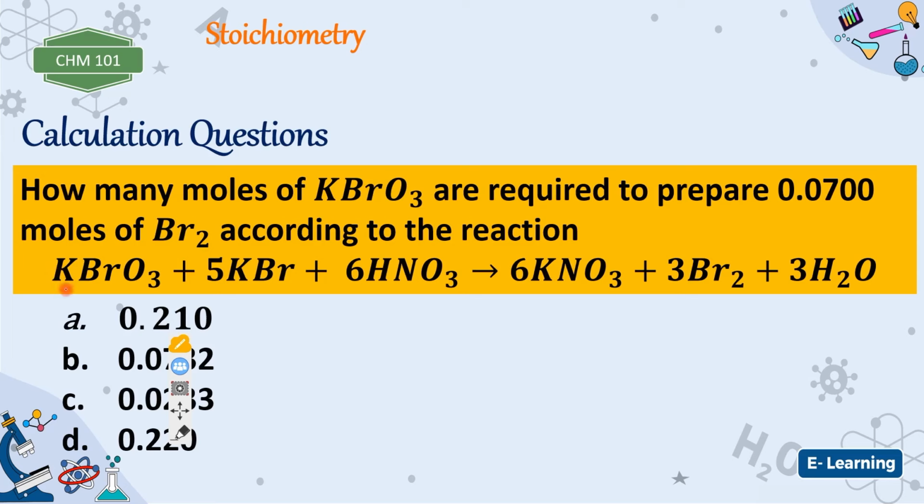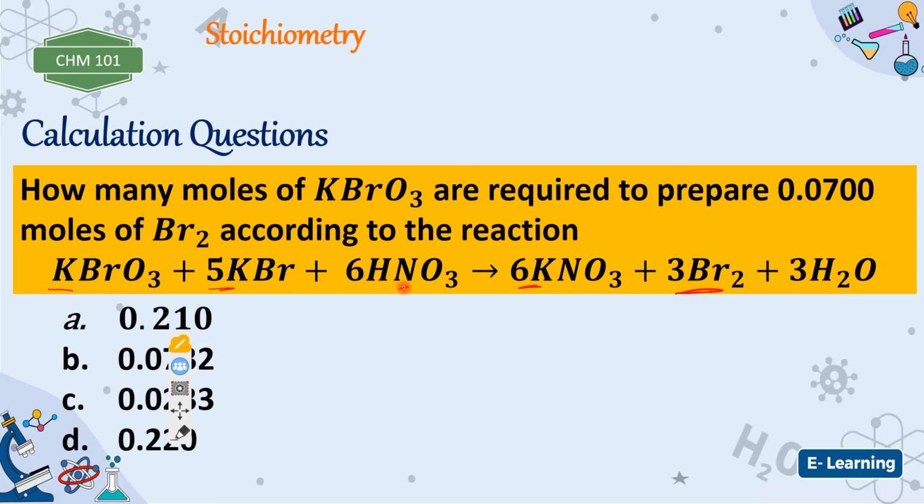is balanced. How many potassium do you have? There are 6, 5, and 1, making it 6. Here you have 6 potassium. How many bromine do you have? Here is 1, KBr, there are 6 here. Here also, you have 6, 3 times 2. How many nitrogen?